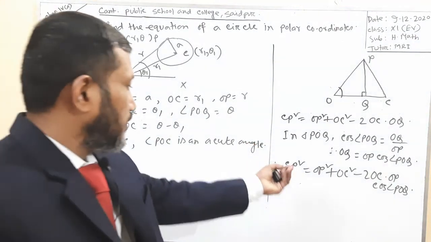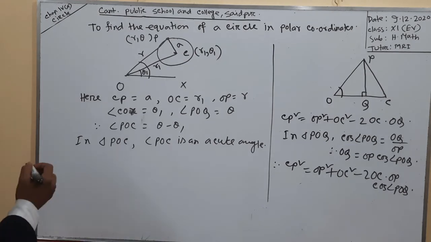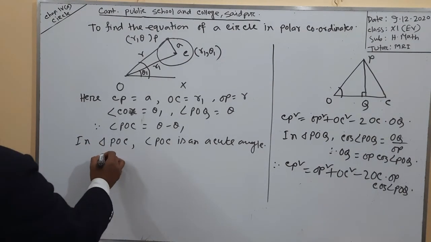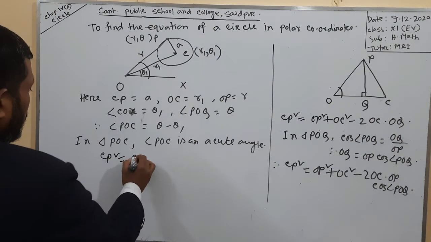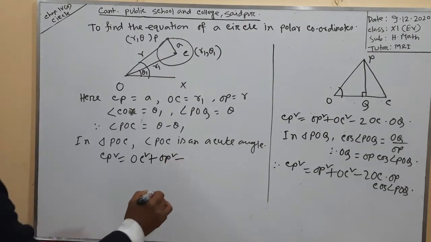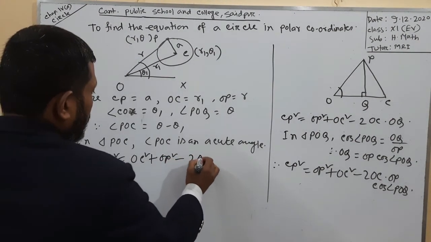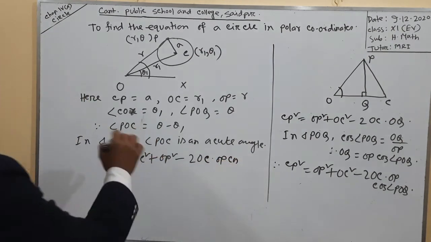According to this formula, we can use on triangle POC, then we get CP square is equal to OC square plus OP square minus 2 OC OP cos POC.